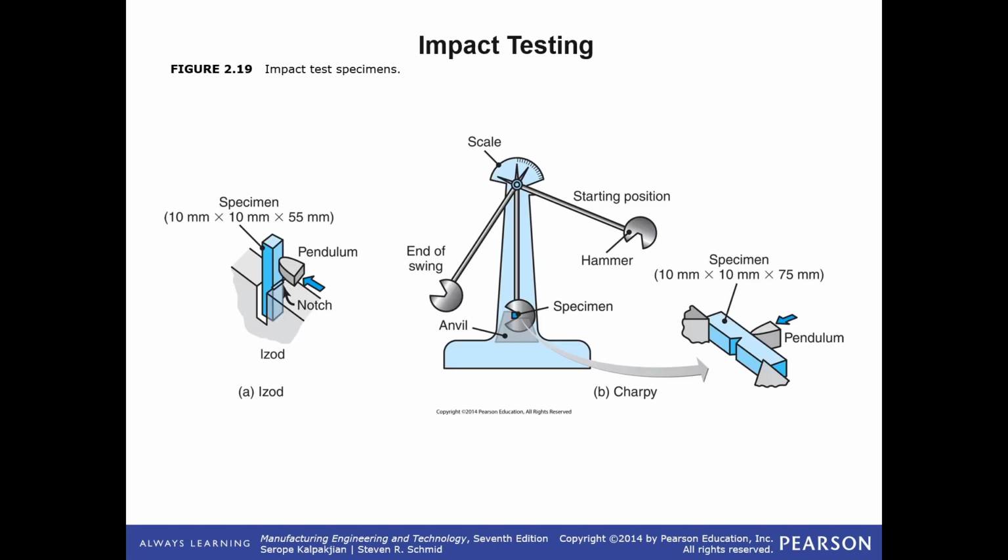This is a test we have in lab, but we haven't necessarily run it due to some calibration issues and different things. I'll have to check to see if it's working this year and whether we can run this lab. I'm thinking we're probably not, since we're on a pretty strict schedule. But the impact test tells us how much of an impact or a hit something can take.